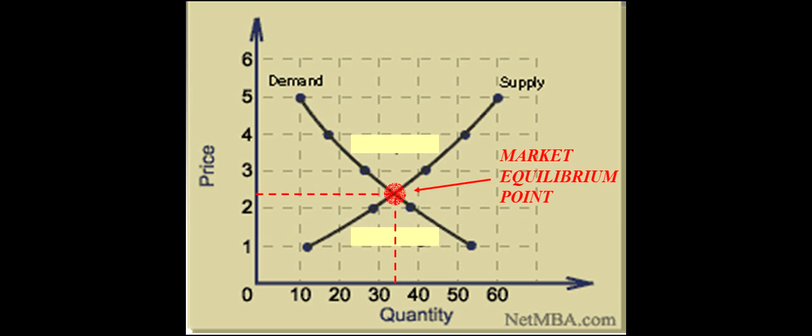Now, I'd like to make one other point before moving on from this slide, and I'd like to draw your attention to the two boxes, one that appears below the market equilibrium point and the one that appears above the market equilibrium point.